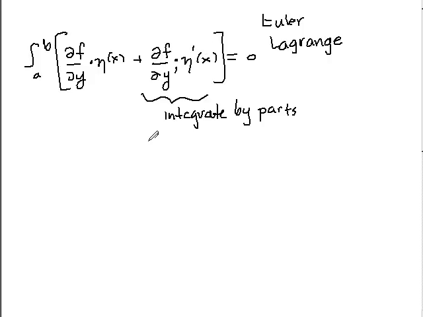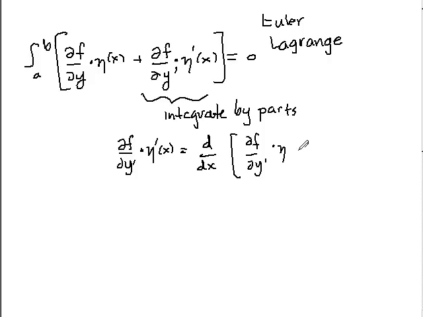So I'm going to say that ∂f/∂y' times eta prime is really the derivative of ∂f/∂y' times eta, because that's the first times the derivative of the second, but then I have to subtract d/dx of ∂f/∂y' times eta. Okay, so that's an identity.